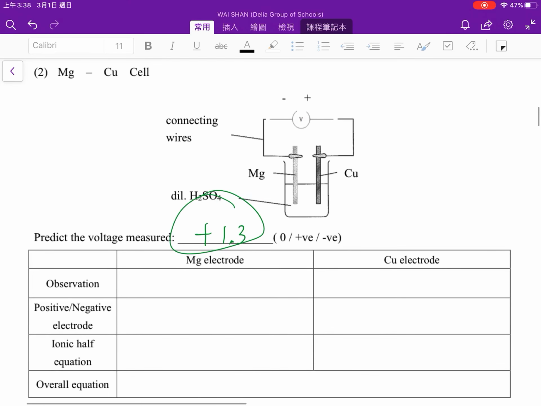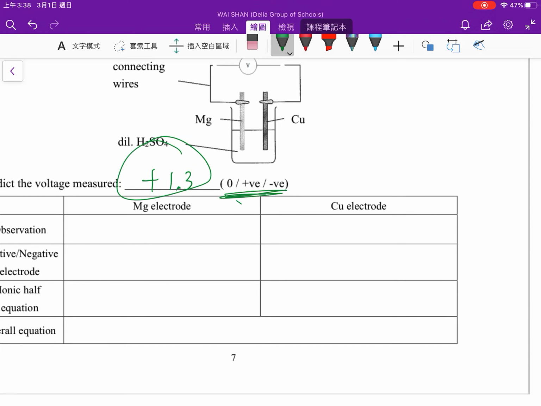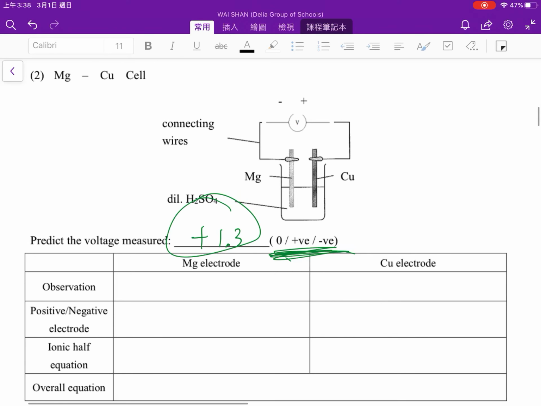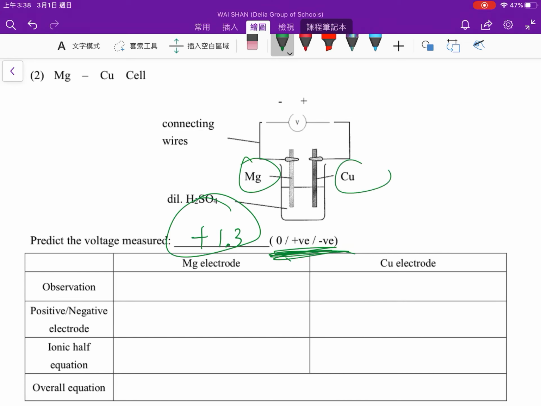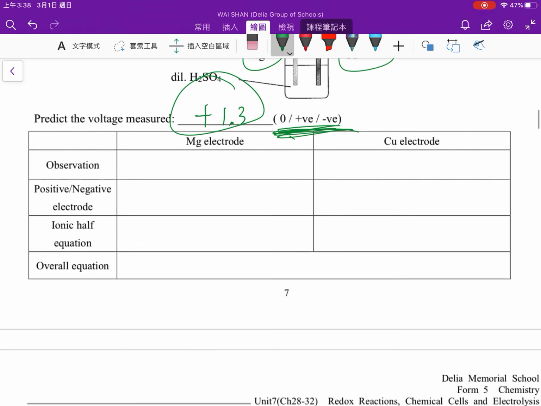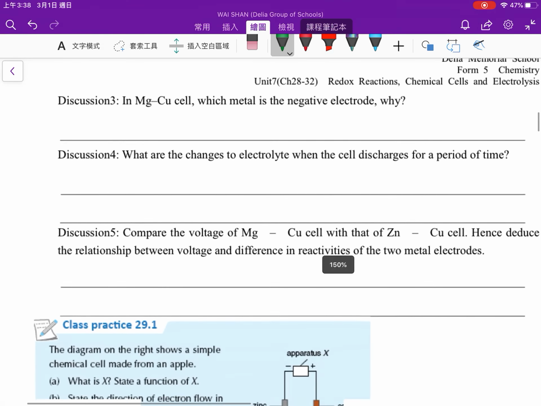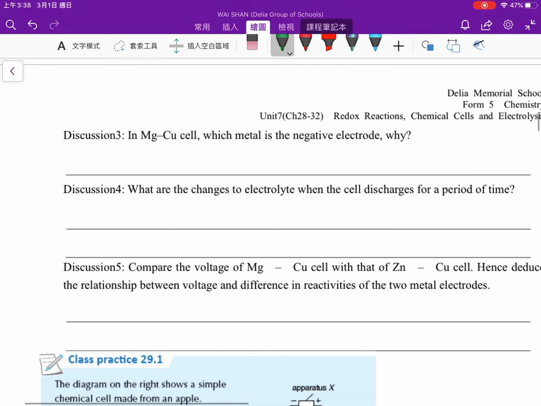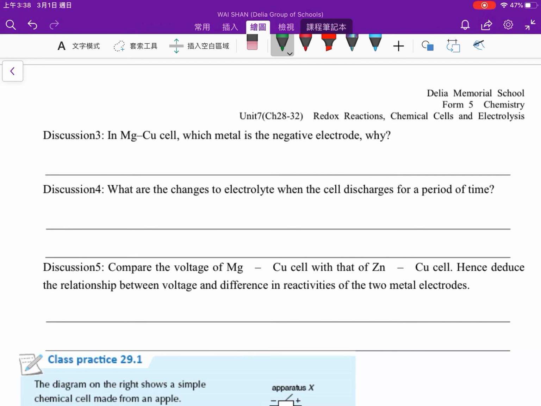The voltage will be zero, positive value or negative value, because you know that magnesium and copper, which one is more reactive, right? Which one is the stronger reducing agent? Complete this table and complete these 3 questions in the class practice as homework.